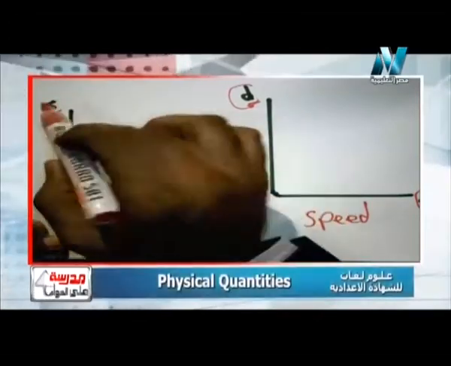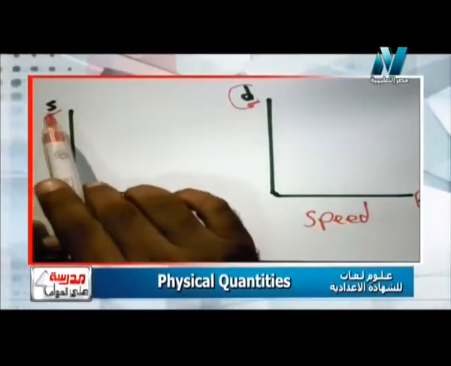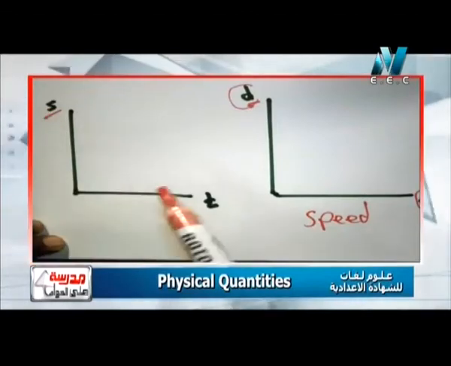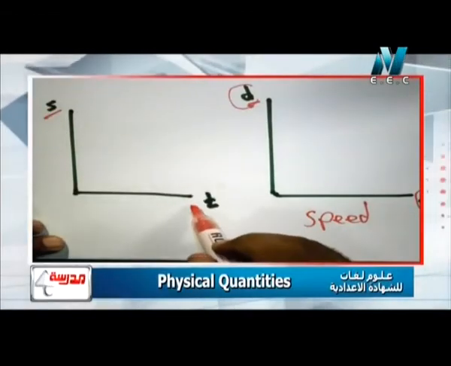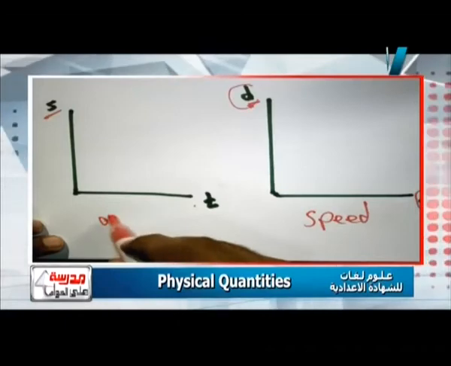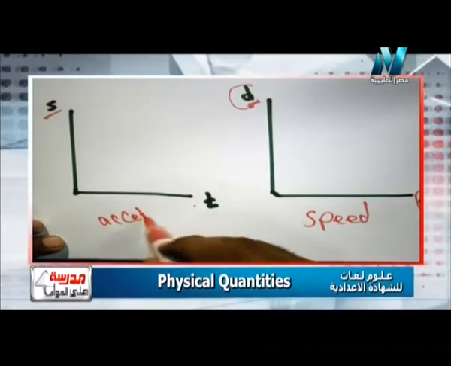While when we draw a graph with S for speed and T for time, here we express acceleration.